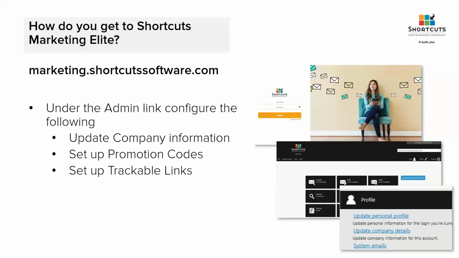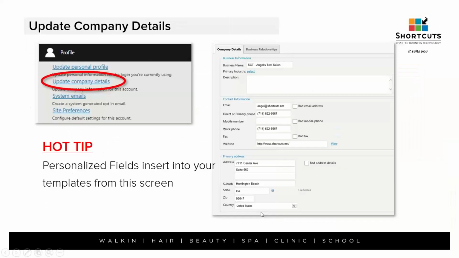And then you can also set up trackable links. So if you have a Facebook page, if you have a Twitter page, and you want to make sure that if you use those links in Shortcuts Marketing Plus, those links go to the correct page. Those are things you want to set up once you're in the marketing system.